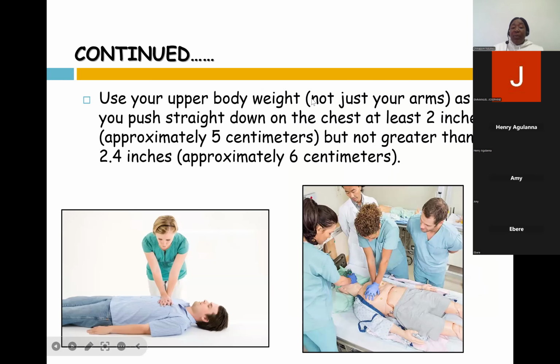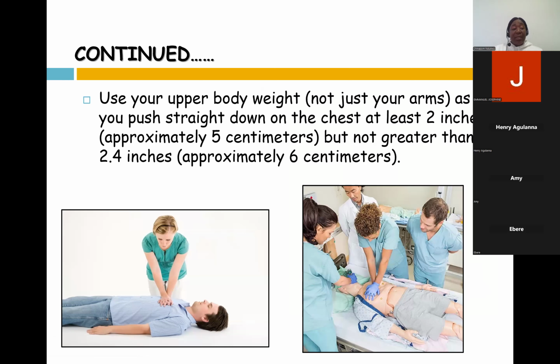Use your upper body weight, not just your arms, as you push straight down to the chest, at least 2 inches. This 2 inches is about 5 centimeters. They said 5 to 6 centimeters. That's how much you should press the chest inside for you to deliver an effective compression.